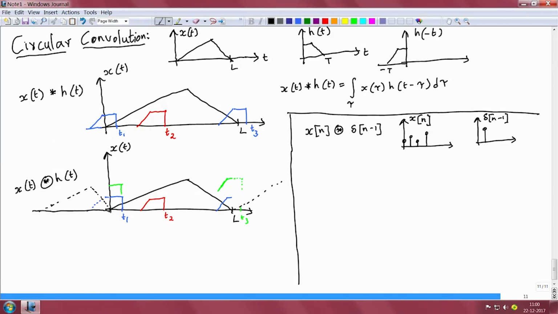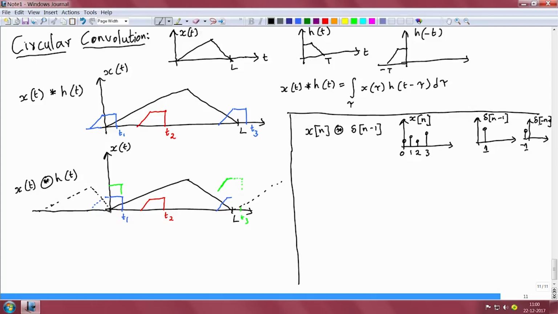So, what happens here is when we multiply these two signals, at time shifts, here we have time shift 0, 1, 2, 3. These are the values of x of n at different time instances. Now if we reflect this signal back, so delta of minus n minus 1, it is going to be at minus 1.